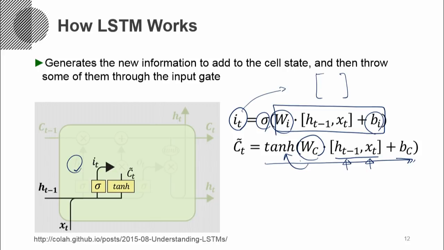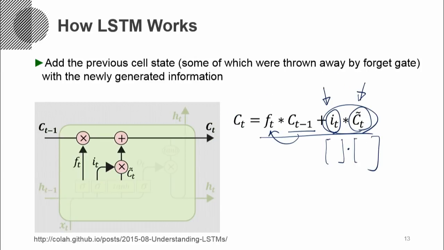So this information can contain some meaningful information that we want to add to the current cell state information, but at the same time it may have some additional unnecessary information. And so we have to filter out this unnecessary information carefully, and this is done by this input gate in this place.